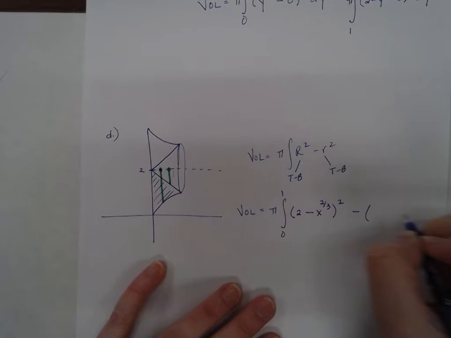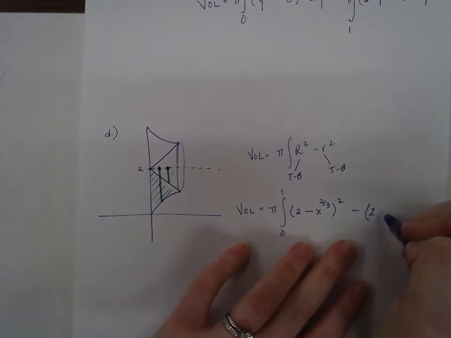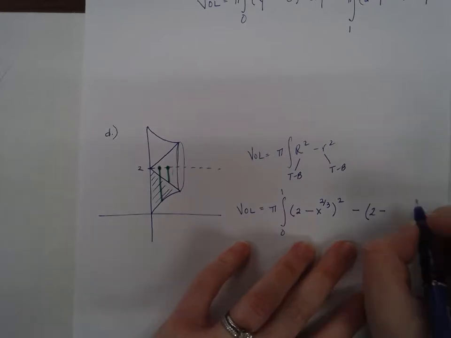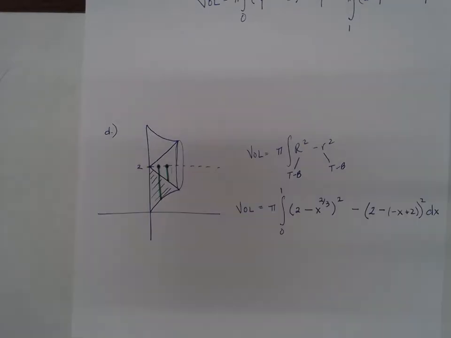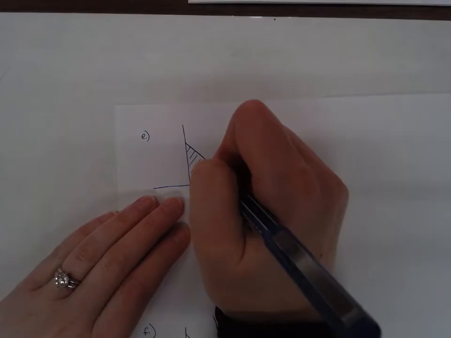The top is 2 minus the equation of the line, negative x plus 2, squared dx. So that one's not terrible. Watch out over here. You can distribute that if you want, or just put the equation of the line in parentheses. Either way, it's the same. Okay? Alrighty. We're getting there. E.